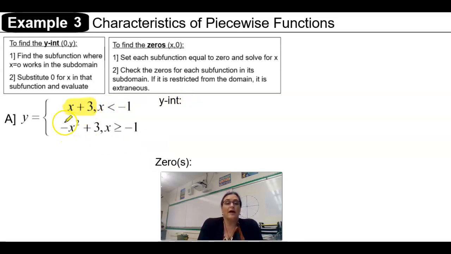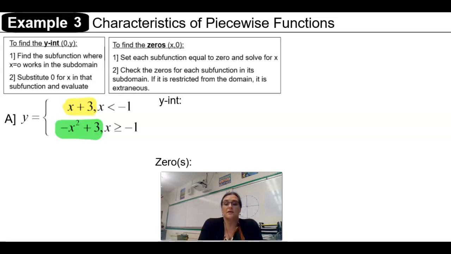Okay, when I look at the quadratic subfunction, -x² plus 3, that is defined where x is greater than or equal to -1. Is 0 greater than or equal to -1? And since that's true, I'm going to use that quadratic subfunction to find the y-intercept.